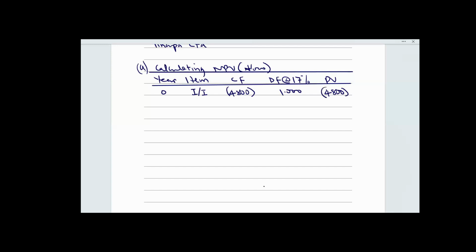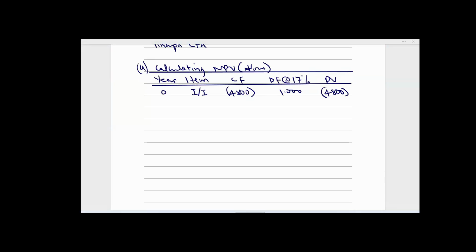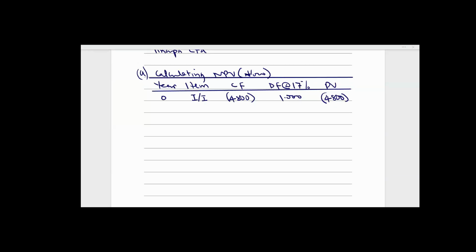Then in the question, you are not given cash inflow, but the examiner has given us selling price and variable cost. So according to the question, we are given selling price of 24 naira, then variable cost of 18 naira. That means contribution per unit is 6 naira.